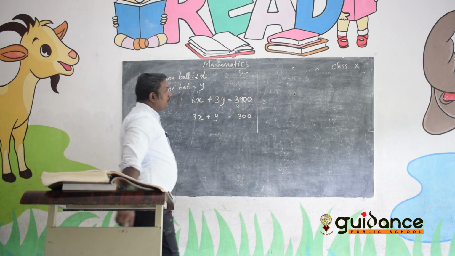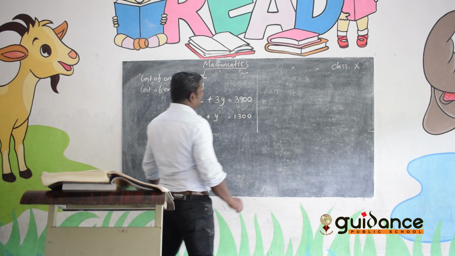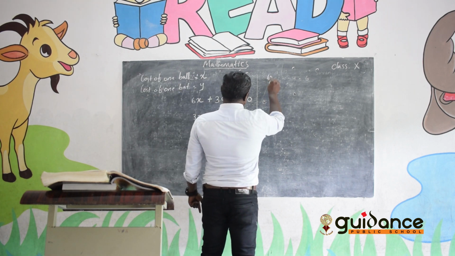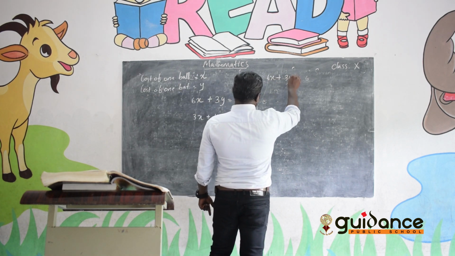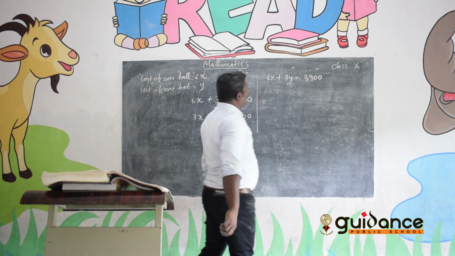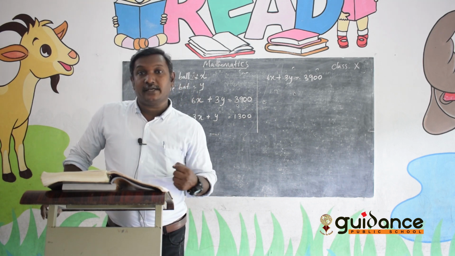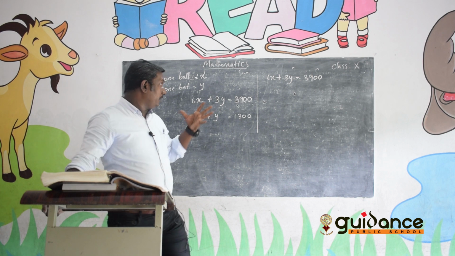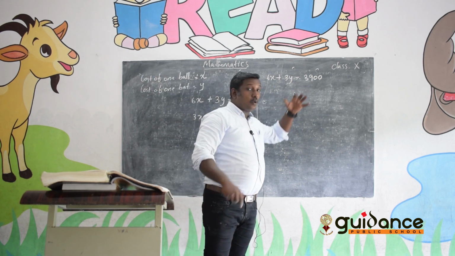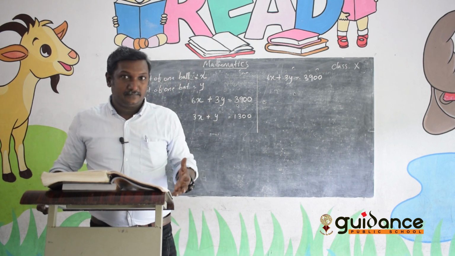For drawing a graph, we have to solve these equations. Equation 1: firstly we consider 6x plus 3y equal to 3,900. As I told you in the last question, we can give values according to our convenience. If huge values come, more than 1000, at that time we have to give values like 100.